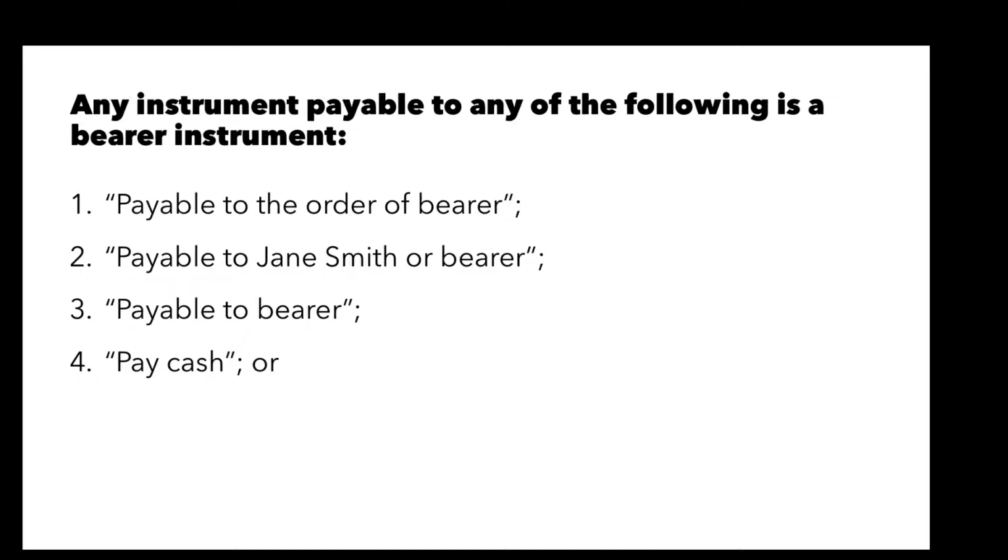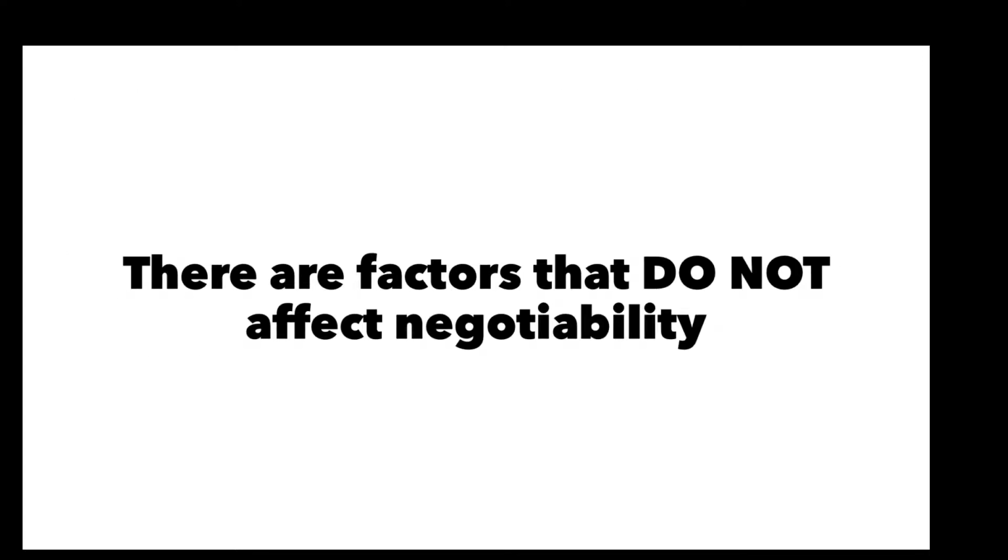That's a bearer instrument. So in any of these situations, the instrument becomes a bearer instrument. So those are all the requirements of negotiability, and there's a lot of rules there. You're just going to need to go back and review all of those rules.